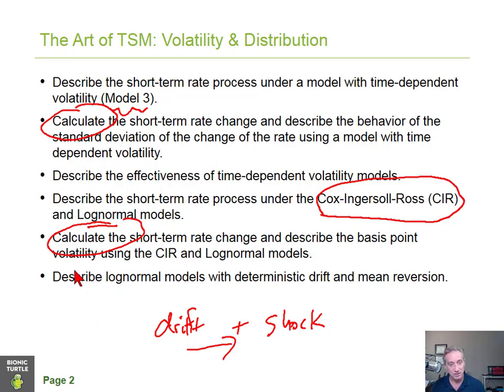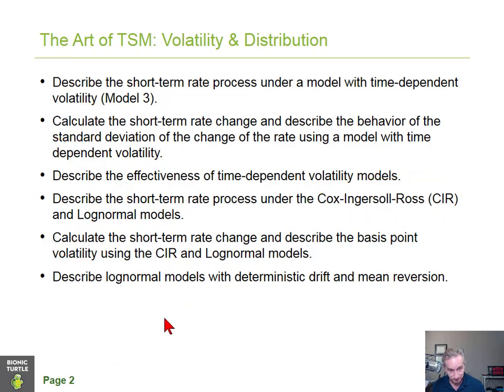So I wouldn't necessarily worry about deep mastery of the log normal model, for example. I would just be superficially proficient and able to, if given assumptions, model forward a rate. If we have an initial rate, what would be the rate next month, given assumptions? If you can do that for each of these models, you basically have the mastery for the exam.